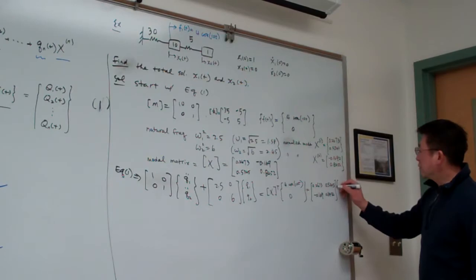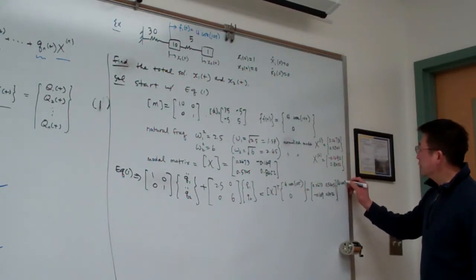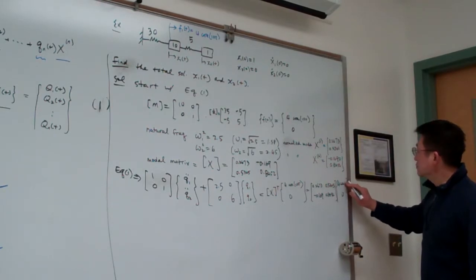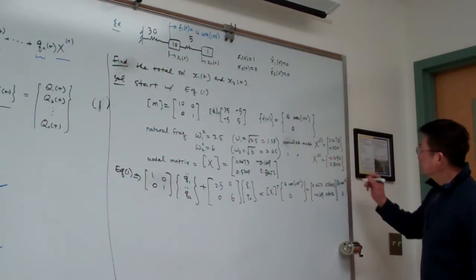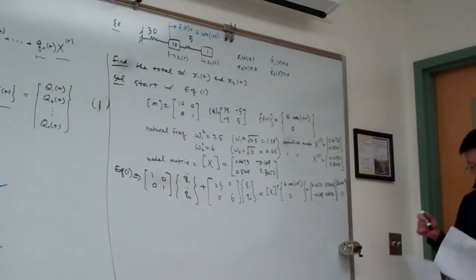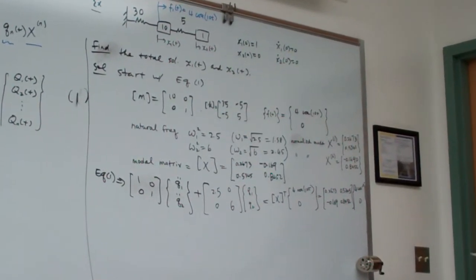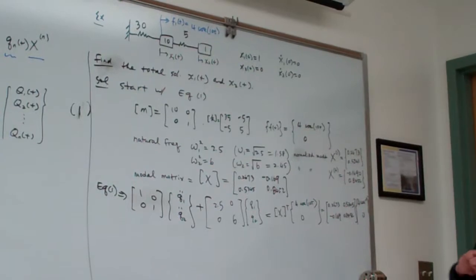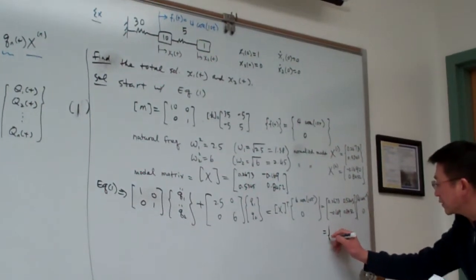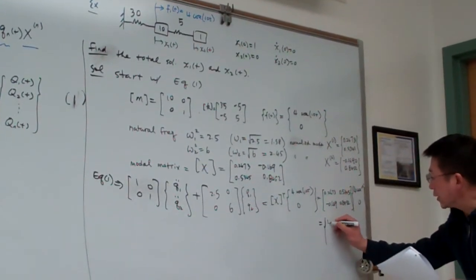Multiply with [4 cosine 10t; 0]. This result, I have calculated, will equal to 1.